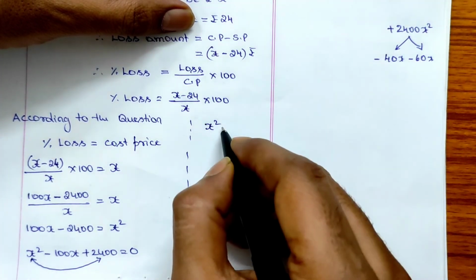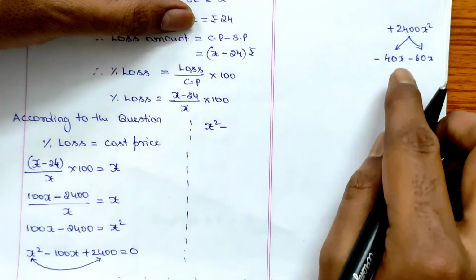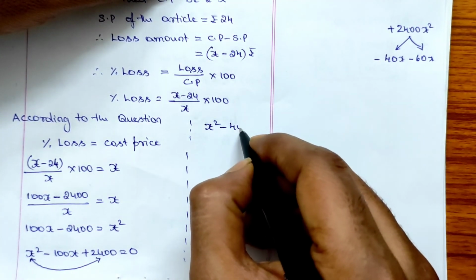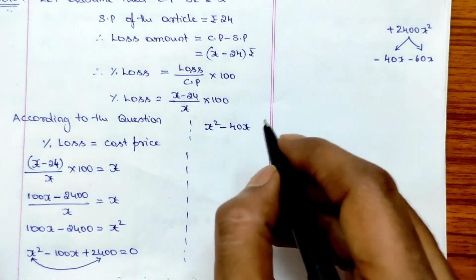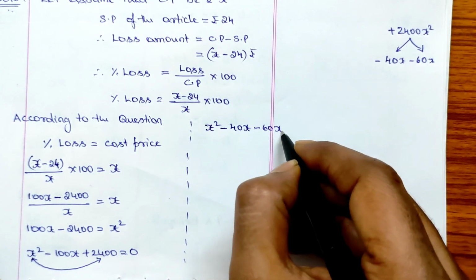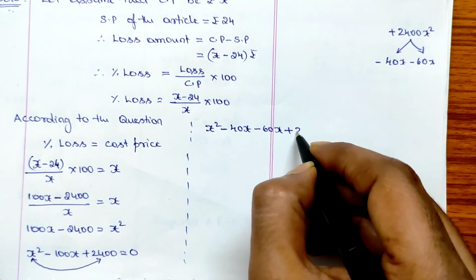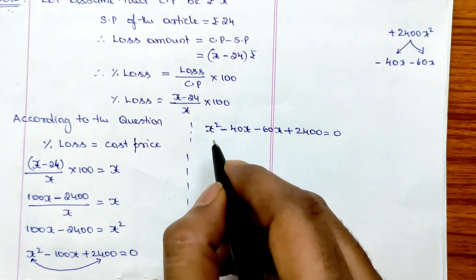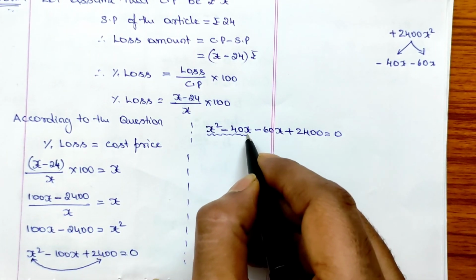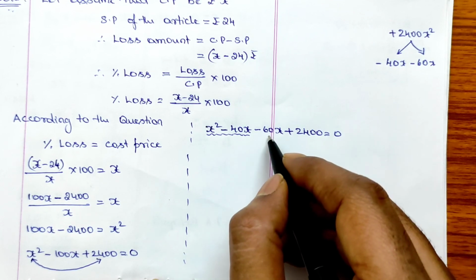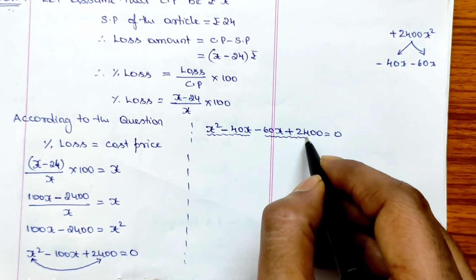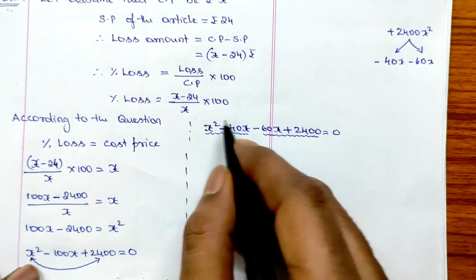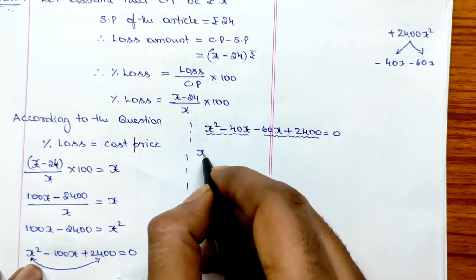x square minus 100x can be split as minus 40x, then minus 60x, plus 2400 is equal to 0. Then grouping the terms. First two terms, one group, minus 60x and plus 2400, another group. In the first group, the common factor is x.